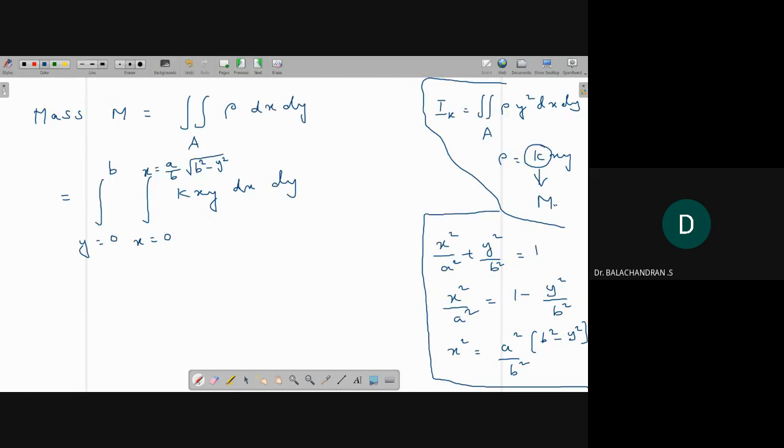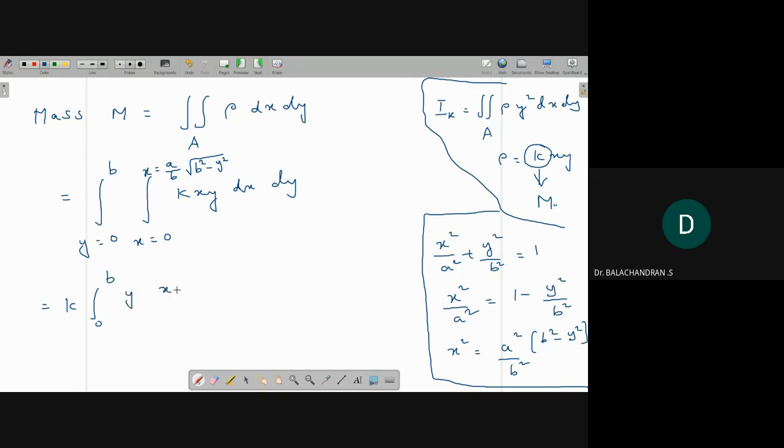So this is equal to k, which is constant. You can try independently if you know how to, because you have enough practice already. So 0 to b, y into x dx.